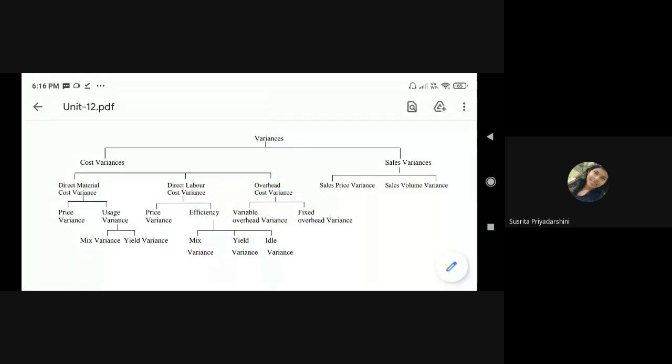So under cost variances, we have different input costs. What are the input costs? The material part, labor part, and overhead. That means all indirect costs, after adding together, give the overhead. Here, direct material, direct labor, and indirect material and indirect labor are included within overhead.